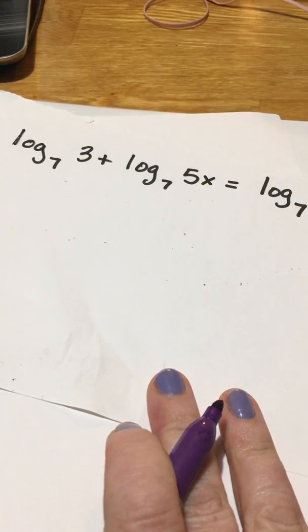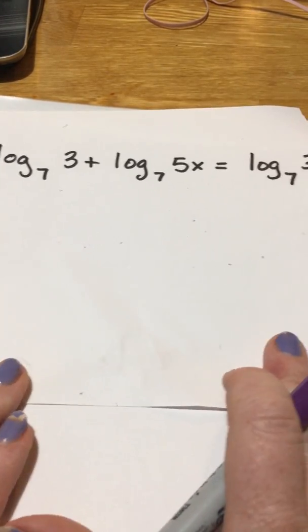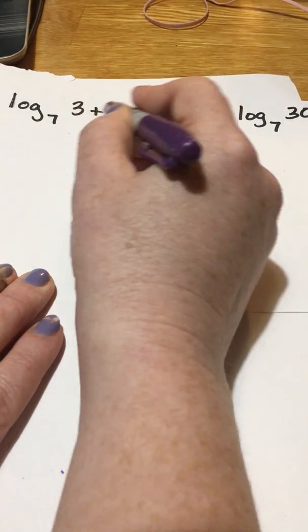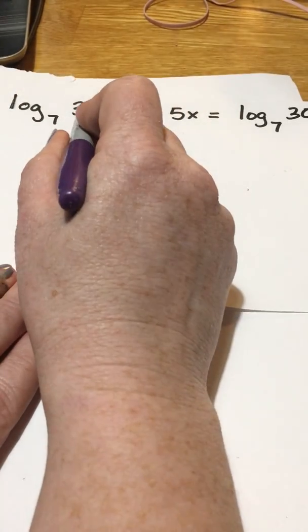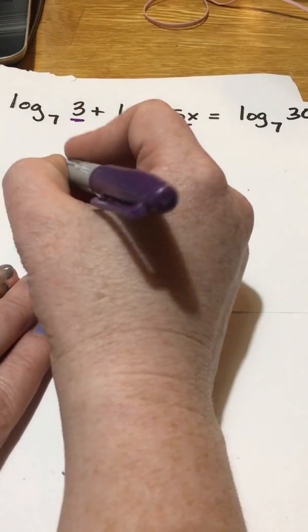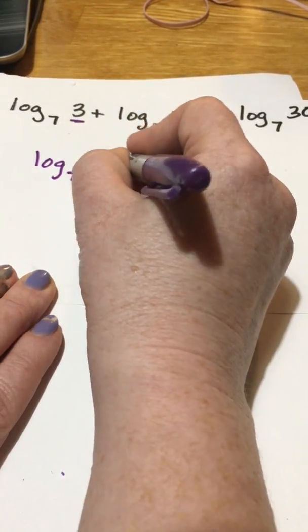All right. How about one that still they all have logs, but I can't delog it. I can't delog it till I get this left side down to just 1 log. So the plus sign here indicates in the property of logarithms that we're going to multiply. So we're going to multiply the 3 and the 5x. So it's going to be log base 7 of 15x.